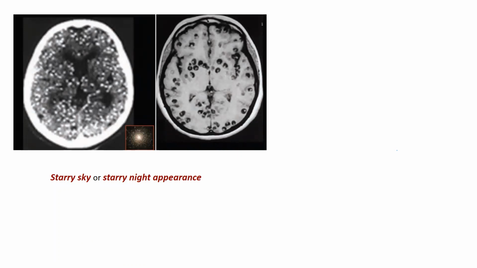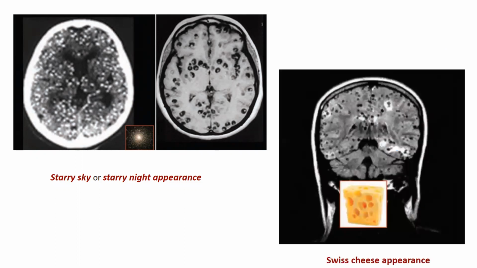There is some other description which is given to a patient. The image that you see here, other than starry sky, is there some other name described for this appearance? So it is called the Swiss cheese appearance. Okay.